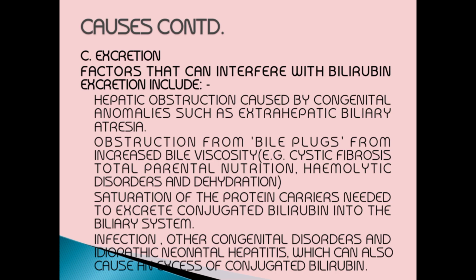In a condition where there is impairment or obstruction in the flow of bilirubin and bile, the person may have jaundice, like in biliary atresia, whereby there is a closure in the biliary tree, hence obstructing the flow of bile. So obstruction from bile plugs, from increased bile viscosity. If an individual also has an increase in the thickness of bile.